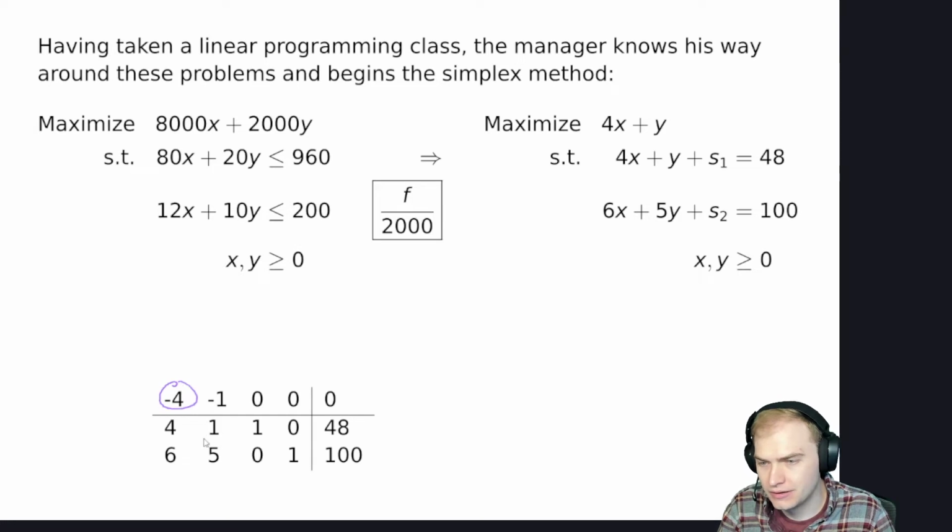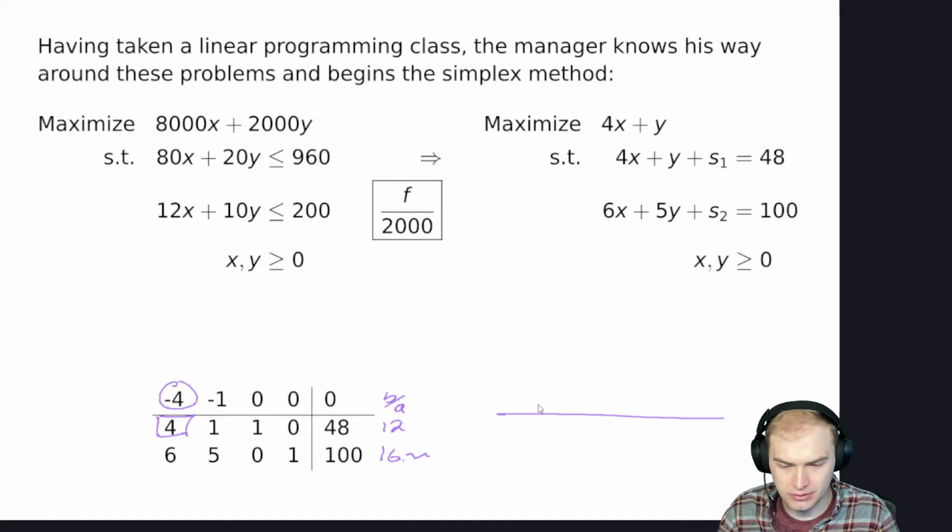He says, we're maximizing, that's our smallest negative. B over A is 12 and 16 and change. So we pivot here. And this gives us the tableau.